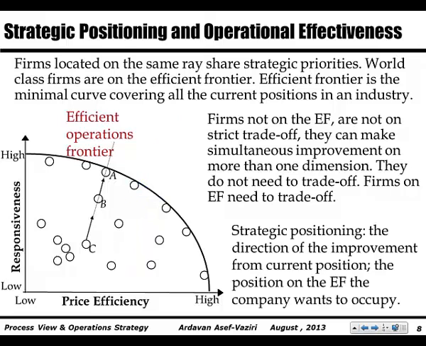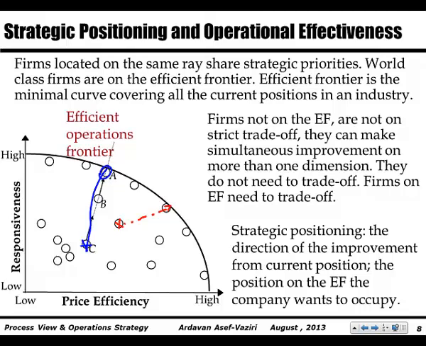Strategic positioning is the direction of the improvement from the current position to the position that the company wants to occupy on the efficient frontier. So if I have a company like this and they want to move to this point, this is their strategic position.